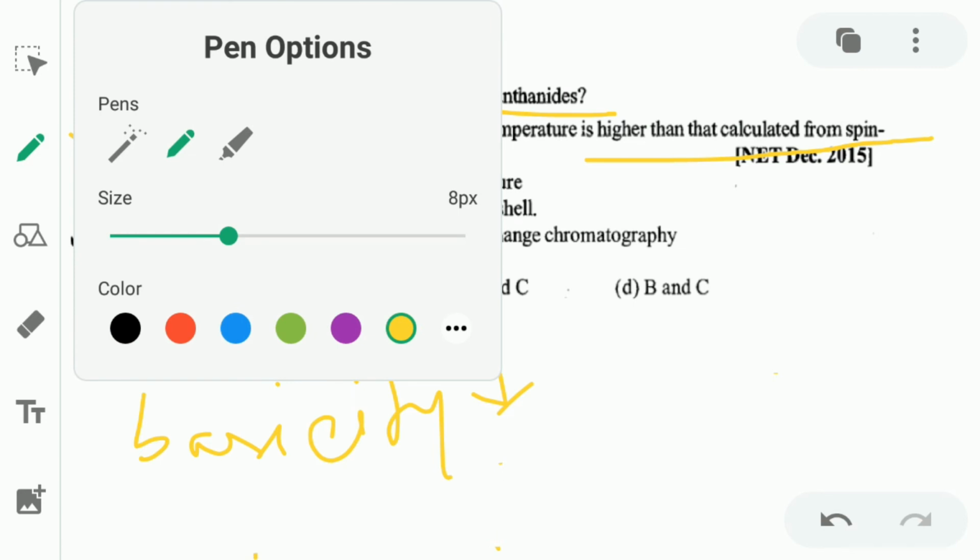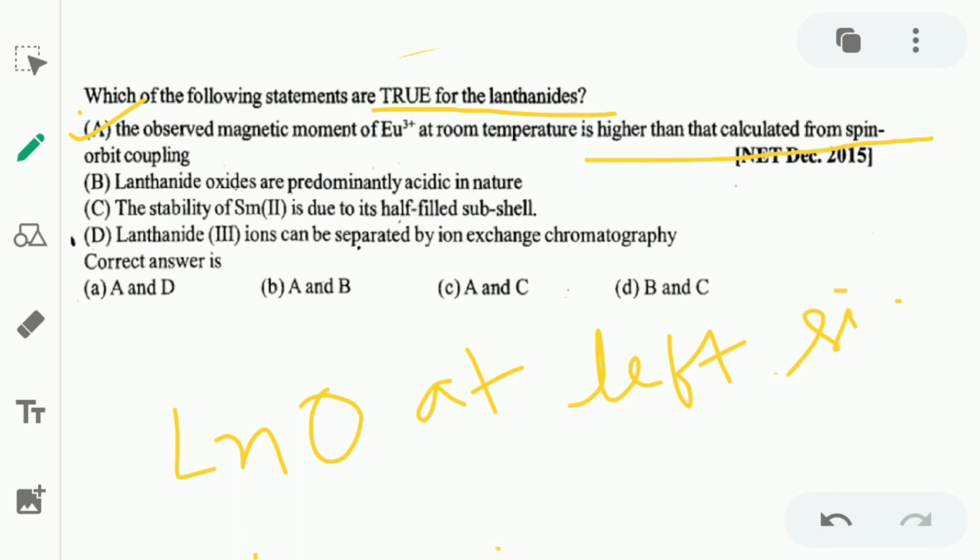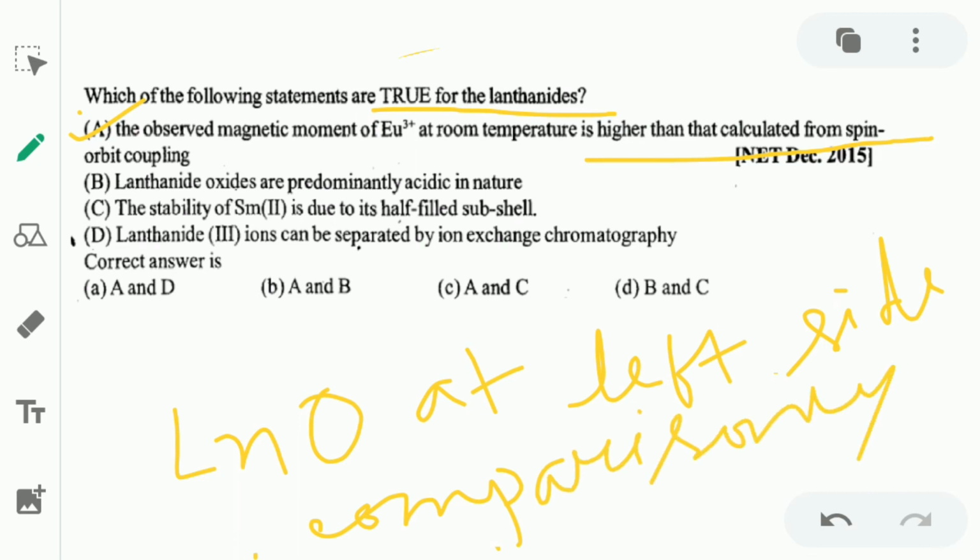As lanthanide oxides are mainly on the left side comparatively in the periodic table, they have basic nature rather than acidic nature. So that statement is wrong.